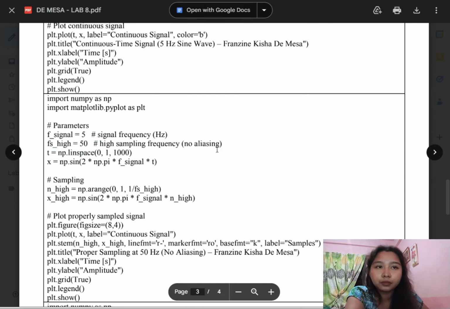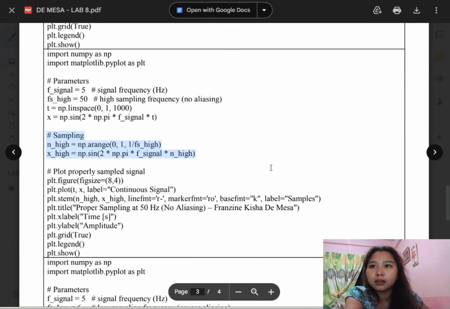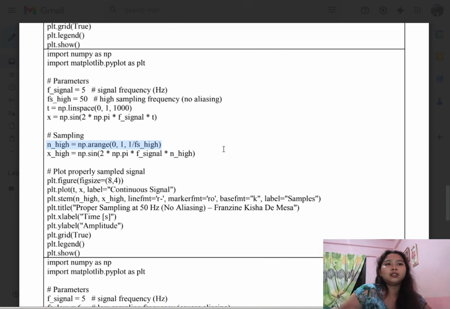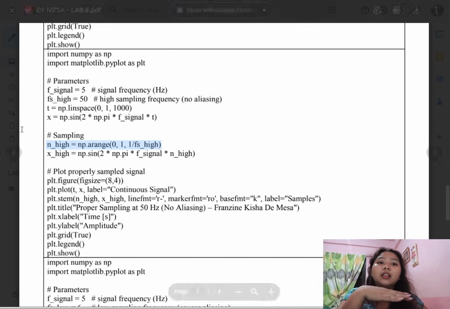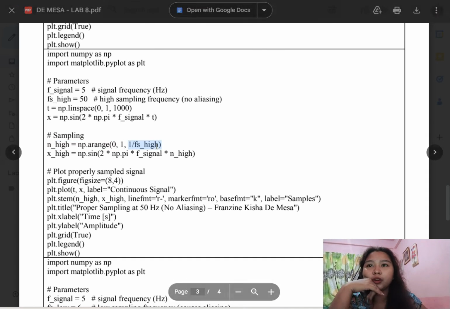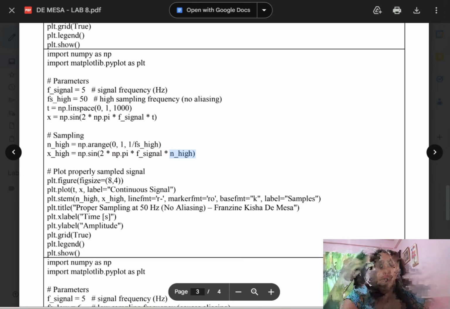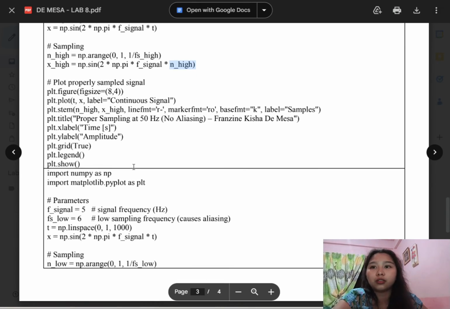The array n high represents discrete time points from 0 to 1 in steps of 1 over 50, which is fs high. Then x high generates the corresponding sampled amplitude. This is called proper sampling. The samples accurately represent the true sine wave without distortion.